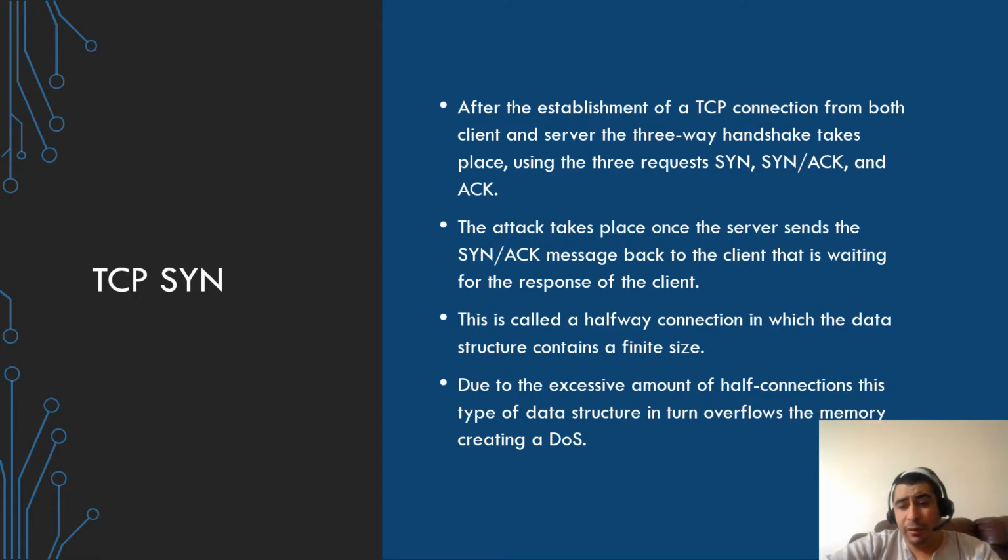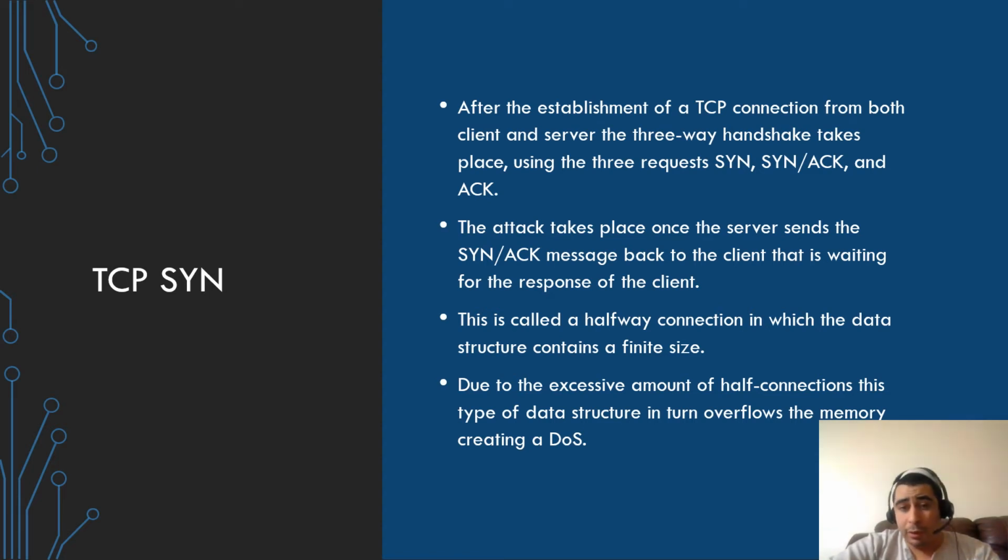Now the TCP SYN comes from the three-way handshake, as we all know: the SYN, SYN/ACK, and the ACK. After the establishment of a TCP connection from both client and server, the three-way handshake takes place. After the attack takes place, once the server sends the SYN/ACK message back to the client, it is waiting for the response of the client.